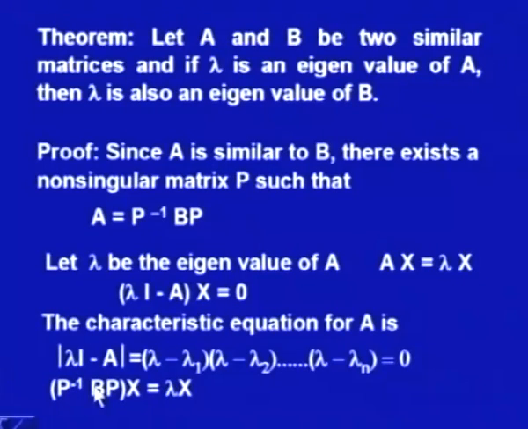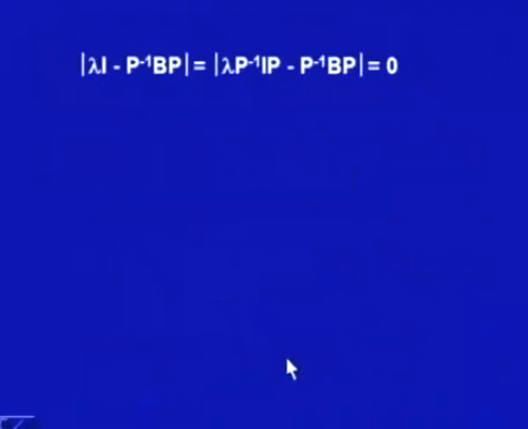Now, since A and B are similar, so we can say P inverse BPx is equal to lambda x. So, I have written the value of A in this equation, and this gives me lambda I minus P inverse BP is equal to lambda P inverse IP minus P inverse BP is equal to 0. So, I have written lambda I in this manner.